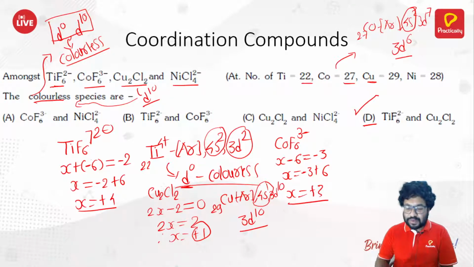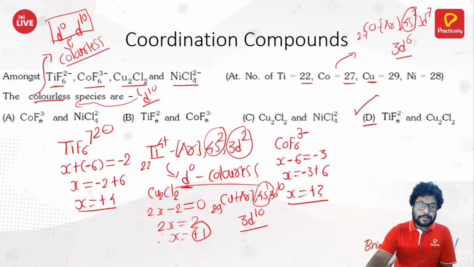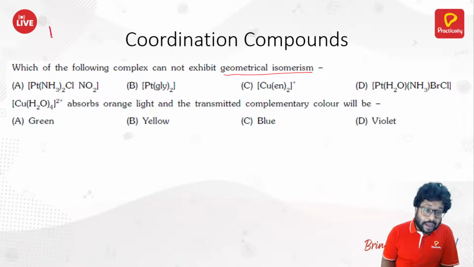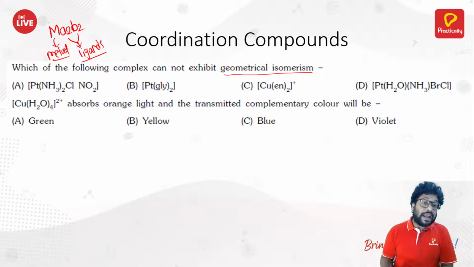Okay, so moving ahead. Next, which of the following complexes cannot exhibit geometrical isomerism? For any compound to show geometrical isomerism, it should have a system like M(A2)(B2), where A and B are ligands and M is your central metal, which is surrounded by ligands.